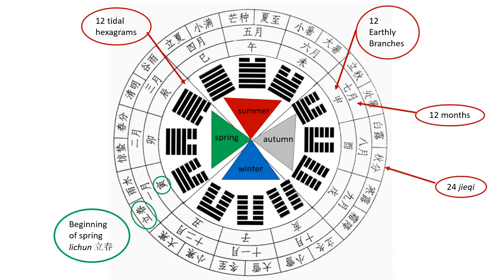And of course the 4 seasons are also represented by the 12 branches and the 12 tidal hexagrams. And in this picture you can see the 4 seasons, the 12 tidal hexagrams, which represent the growth of yang from Zi branch, the midwinter branch, all the way up to Si branch, the branch just before midsummer solstice.